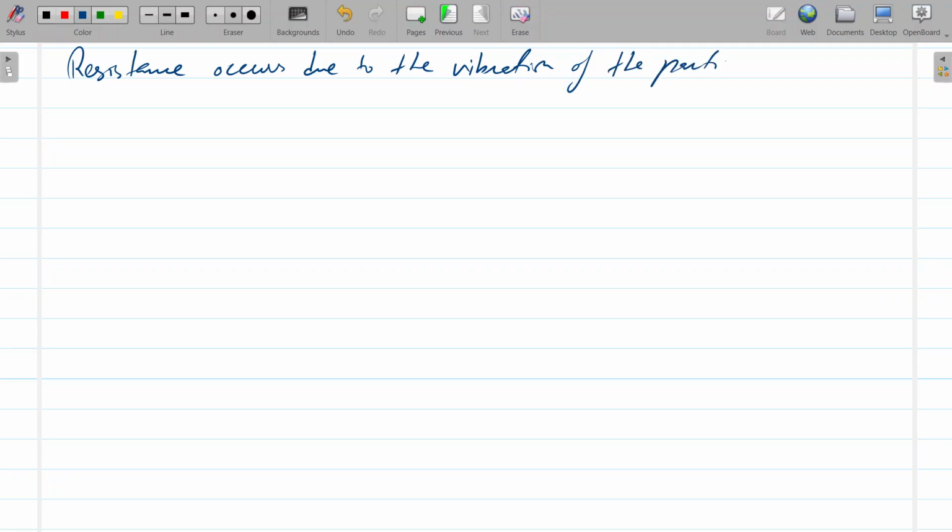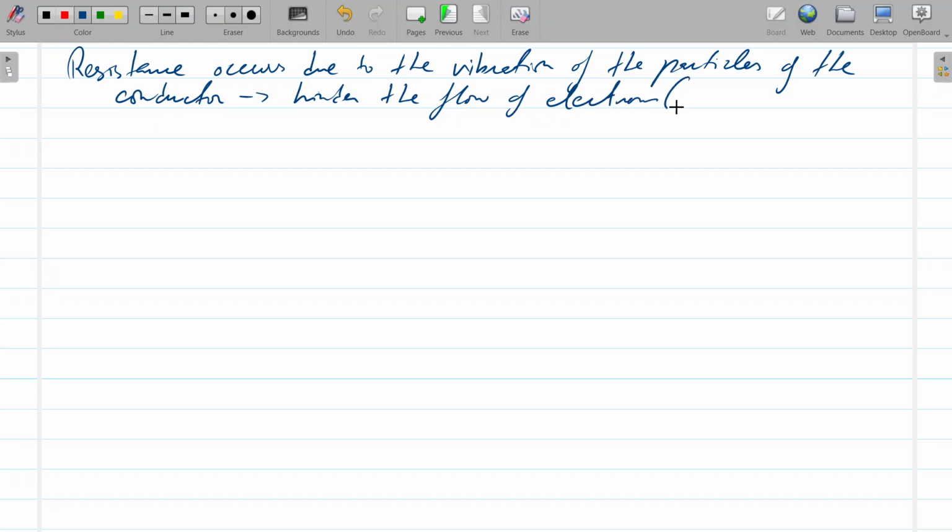Resistance occurs due to the vibration of the particles of the conductor, and these hinder the flow of electrons, a flow of charge, which is electricity.